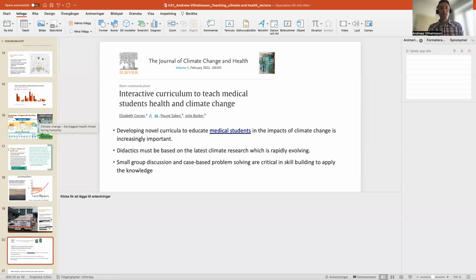It's also important that this is changing, so it must be based on the latest climate research, since this is a very rapidly evolving target. And here it can be very important to have small group discussions and case-based problem solving, so we can build up the skill that is necessary.